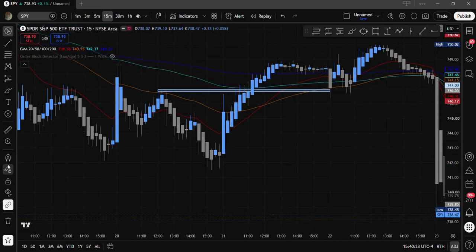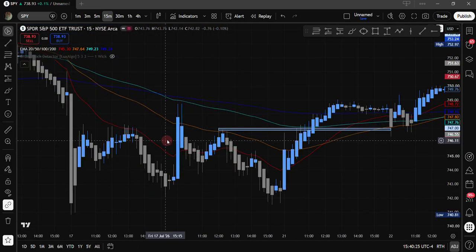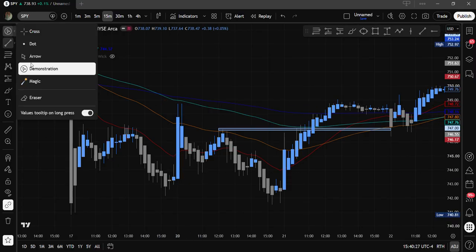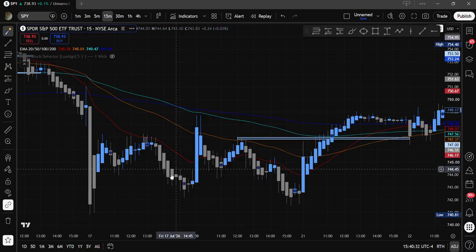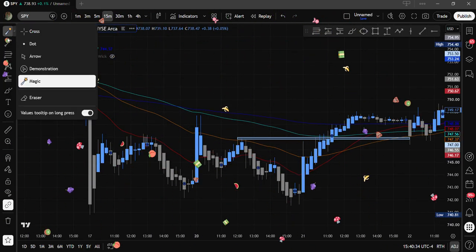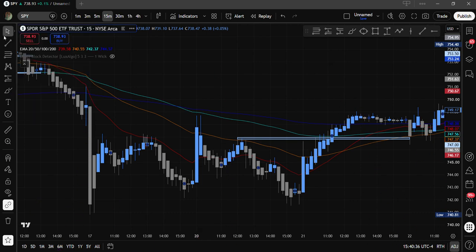And if we try to find a bullish candle, for example right here, price opens at the low of this candle and closes at this high.